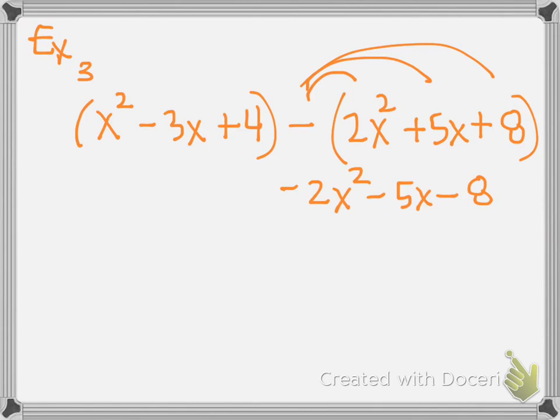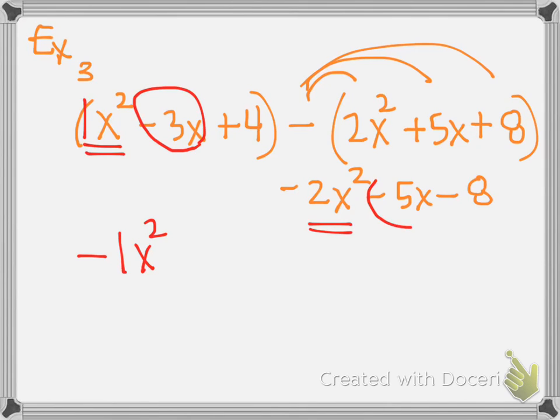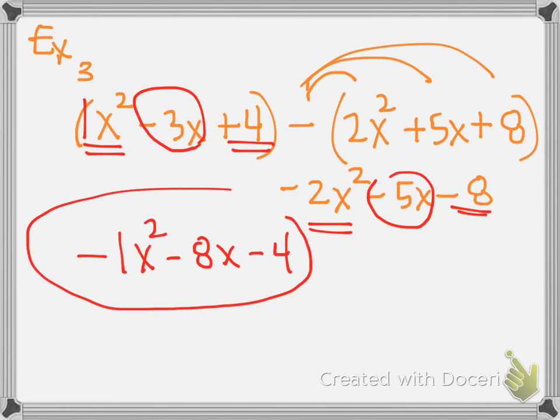So these guys are like terms. Negative 2 plus 1 is negative 1x squared. Negative 3x and negative 5x add to give me negative 8x. And then 4 minus 8 gives me negative 4. That's the answer.